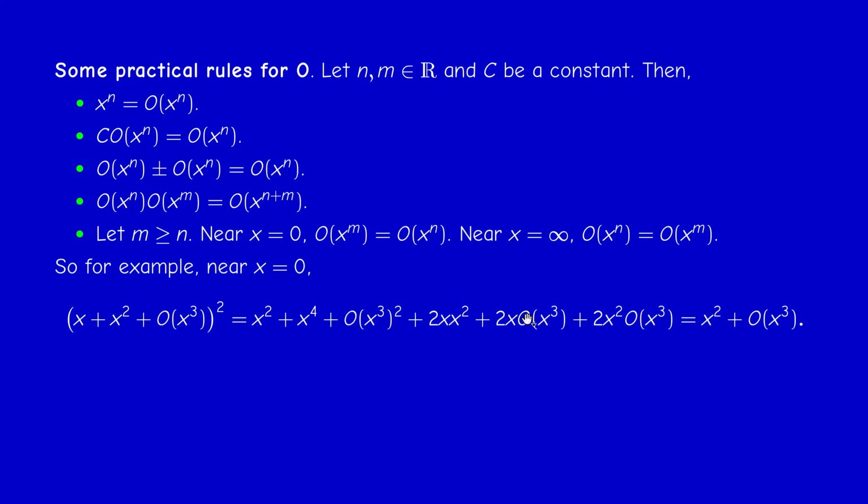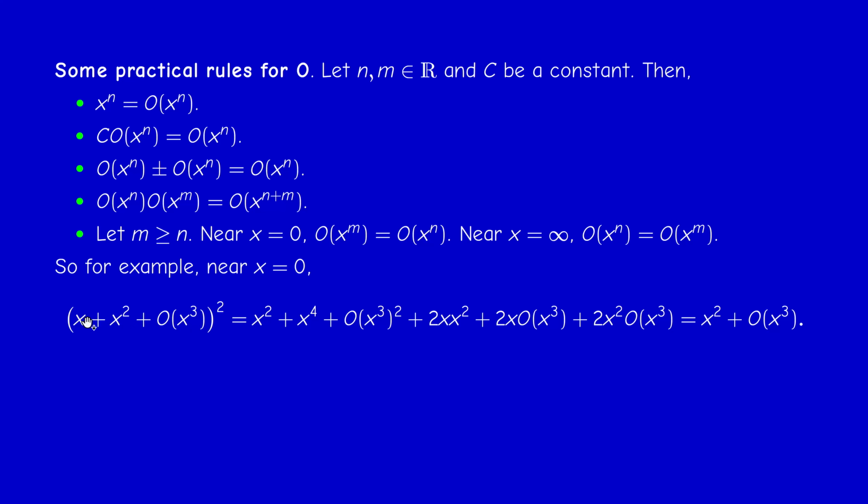Now, this is an example where we can use these rules. Suppose that I have a quantity that behaves like x plus x squared plus a big O of x cubed, all raised to the power 2. I want to know which power of x this quantity behaves like near 0.